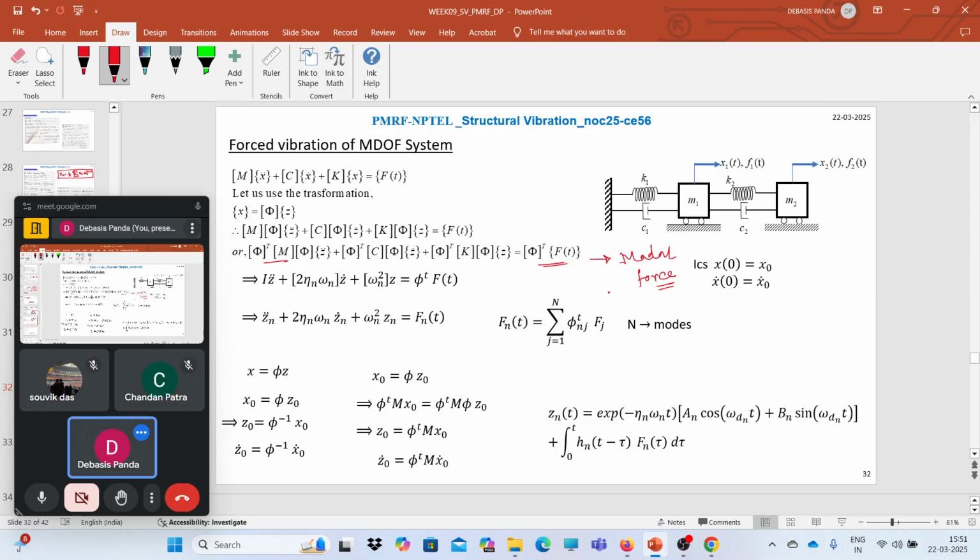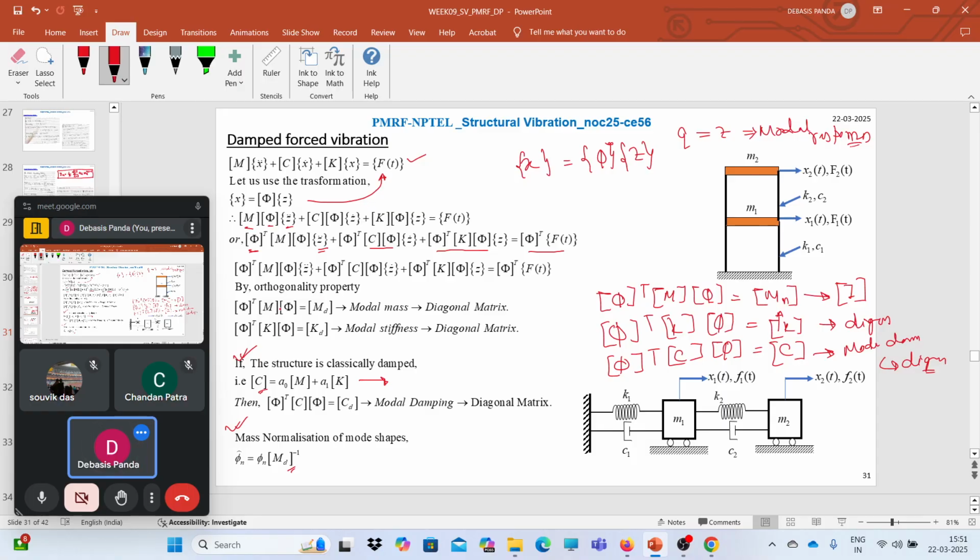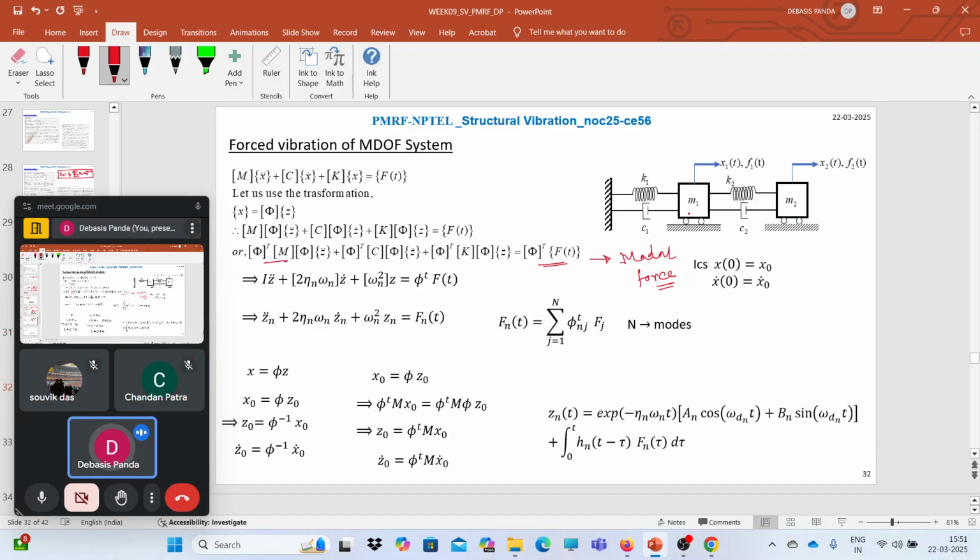Right? Now finally, if we use that property, we are left with this equation. We categorize the modal mass matrix, modal stiffness matrix, and modal damping matrix, and these are diagonal matrices. The elements of the modal stiffness matrix will be nothing but omega 1 square, omega 2 square, and so on, because the modal mass Mn will be 1. Already we have discussed this.